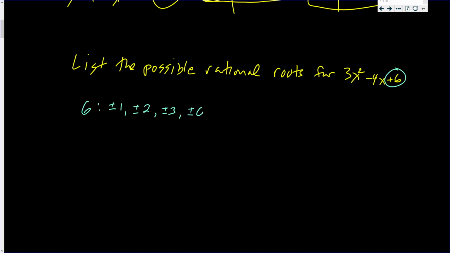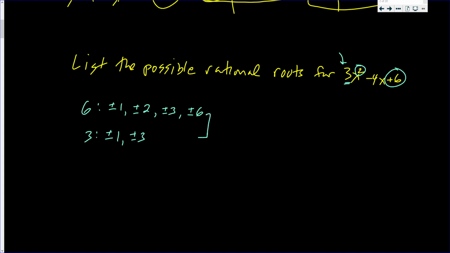That is, plus minus 6 go into that constant. Now, you go to the leading coefficient, the one with the largest power of x. The coefficient is 3. What numbers go into 3? Plus minus 1 and plus minus 3.